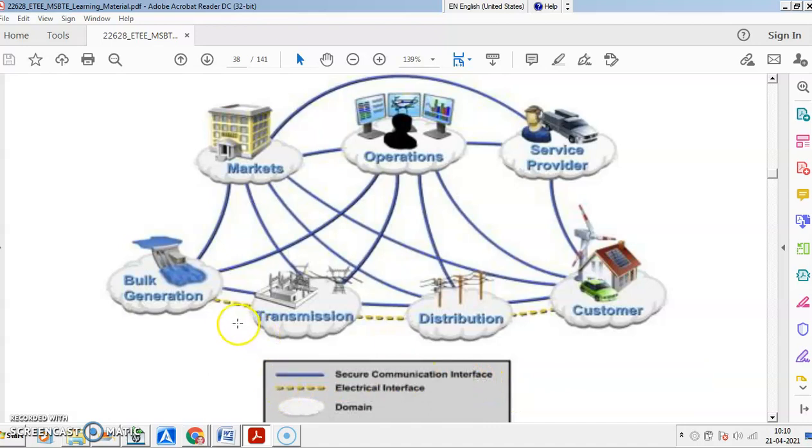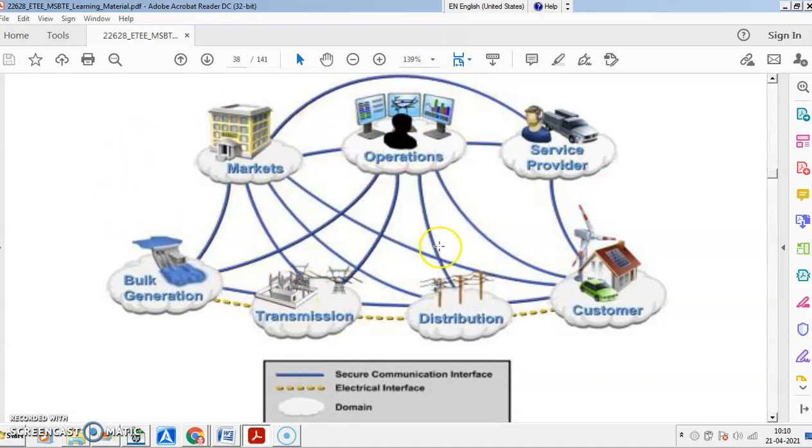The yellow dotted line was our previous conventional grid. Are you able to see the figure? This dotted yellow line is our conventional grid. In addition to this, we have added markets, operators, and service providers to the grid.